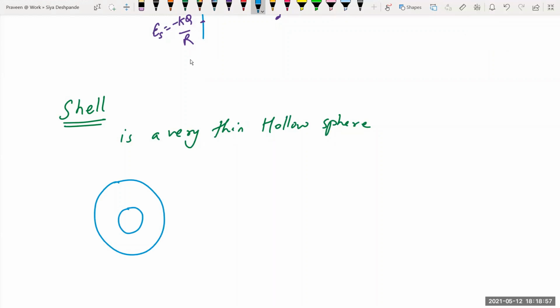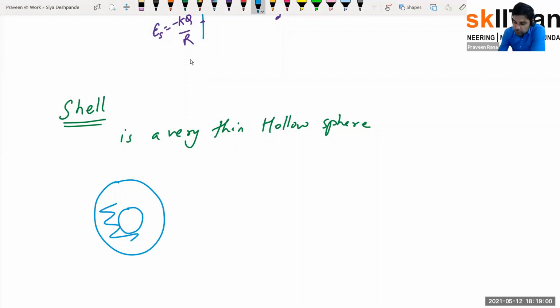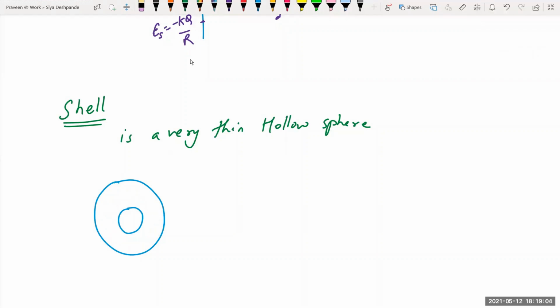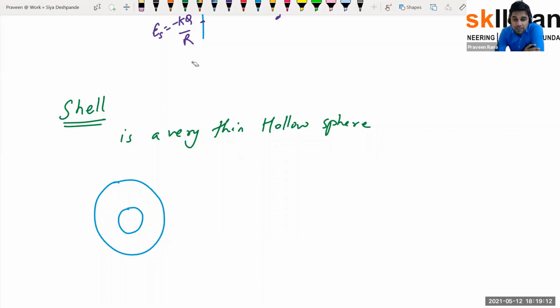Like you removed some part of it, so you can see the solid portion is present only in here. So is this a shell? No. Why? Because it's not very thin. Exactly. So we will call this a hollow sphere. We won't call it a solid sphere or a shell.